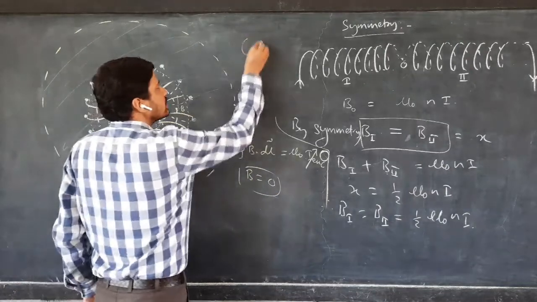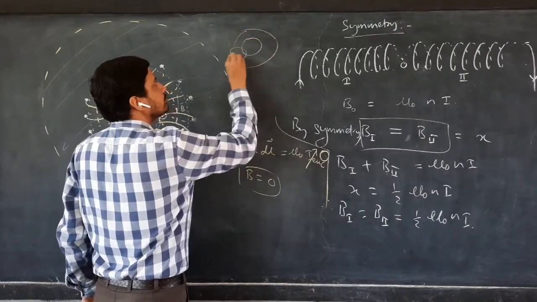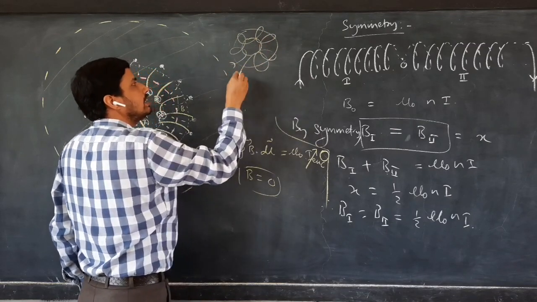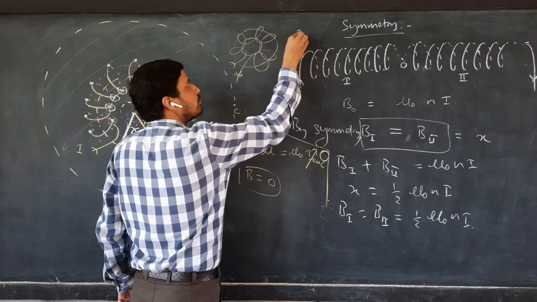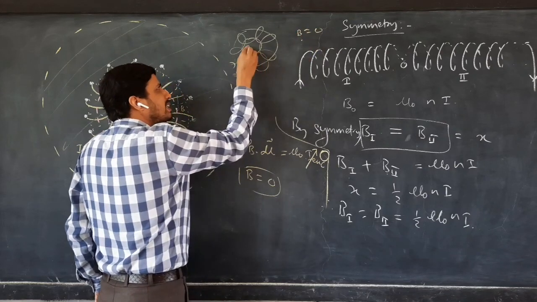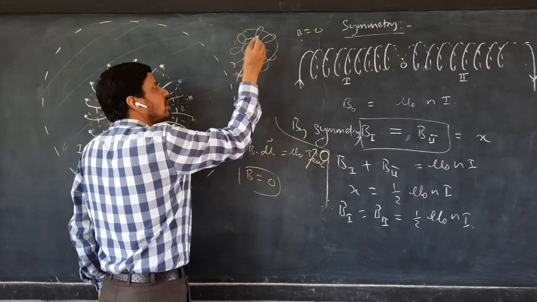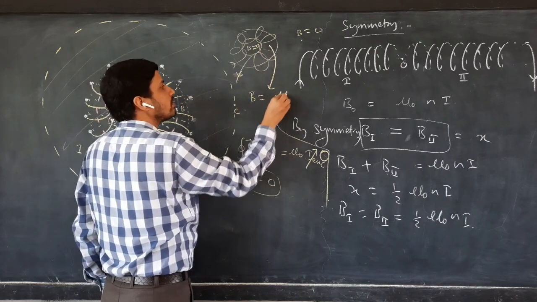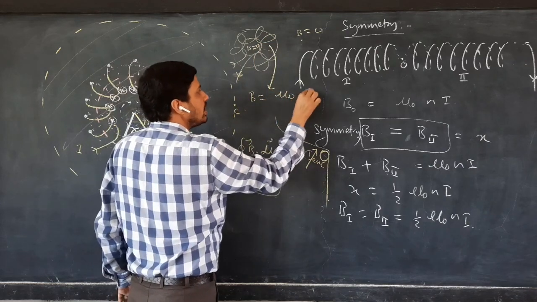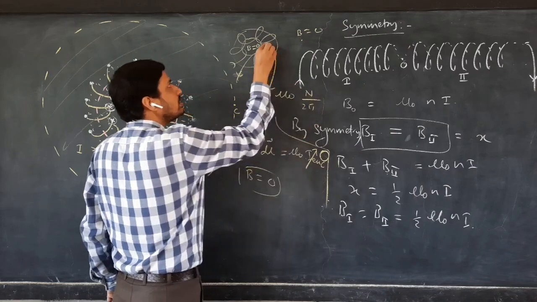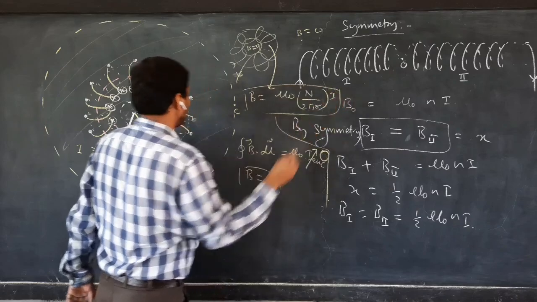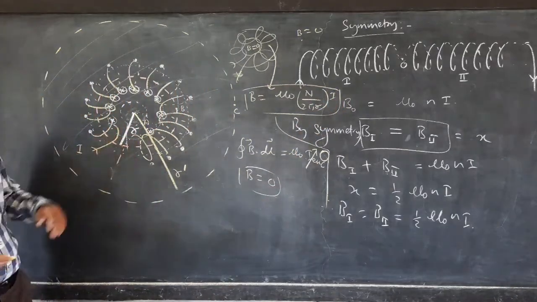So what we discussed: if this is the toroid, then at these locations magnetic field is 0. Completely inside also magnetic field is 0. Only in this portion there is some magnetic field, and that magnetic field is given by the formula mu naught times N by 2 pi, distance of this point from the center, times I. This one, which I have discussed earlier.